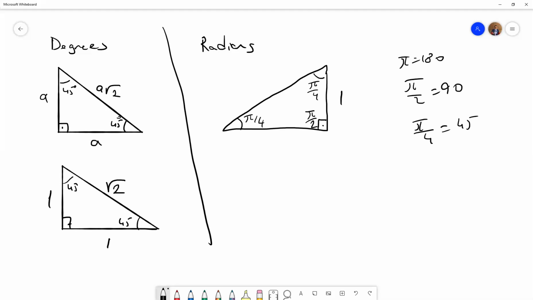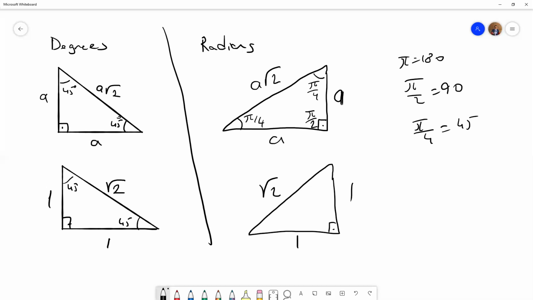And again, if we have A here, and A square root 2, and same things also from here, 1, and square root 2. Yeah, this is the name that we give degrees and radians. P type and degree type here.